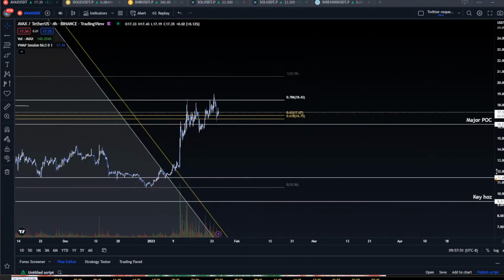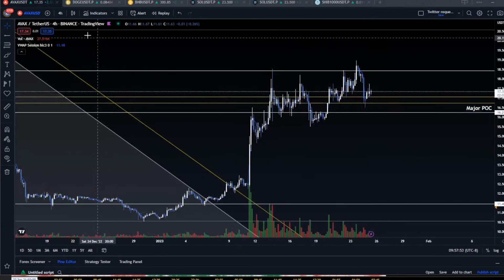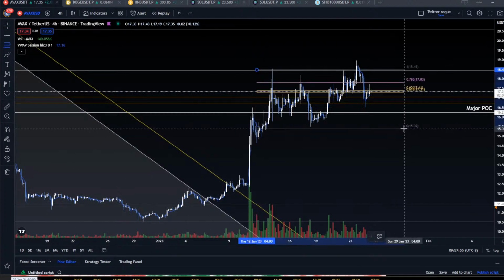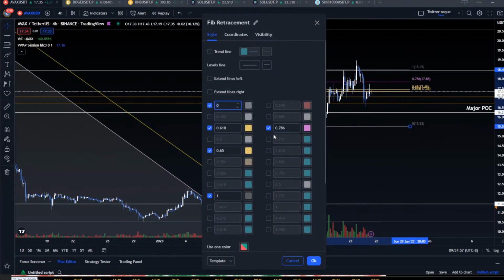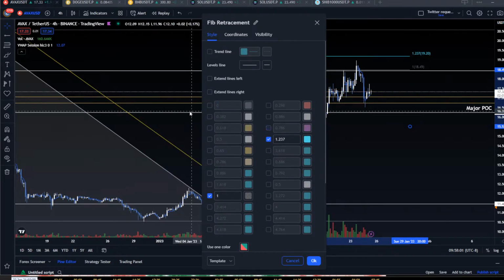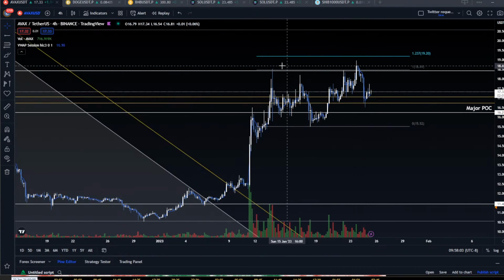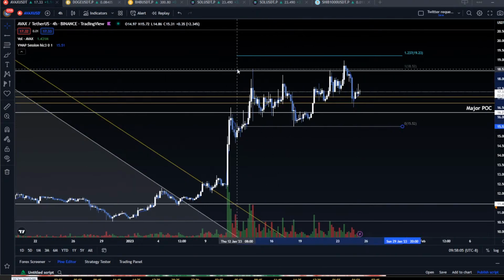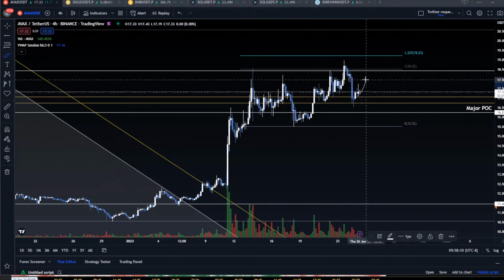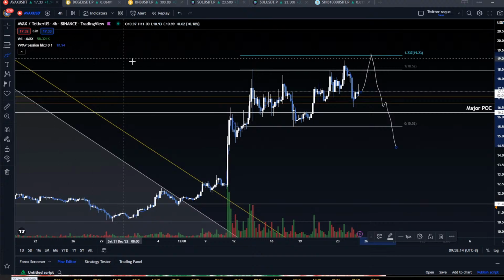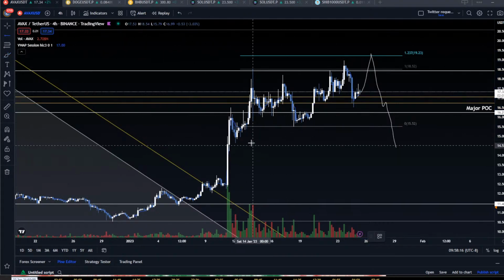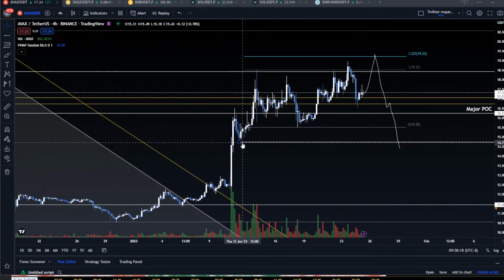I'm curious if this is the 123. What is this, an extension? So I wonder if something like this. I'm just looking for a long idea here.